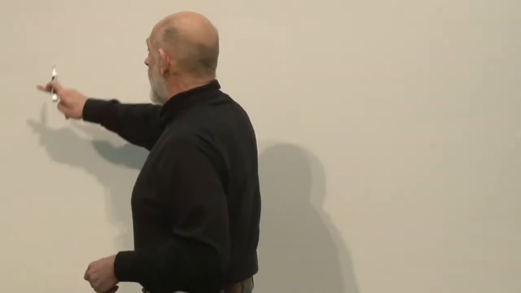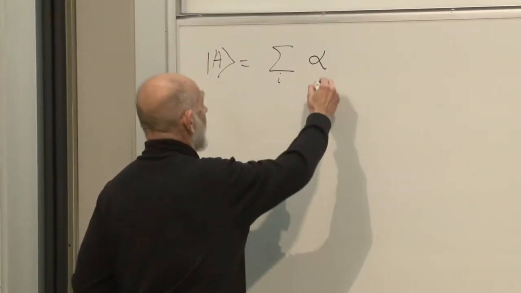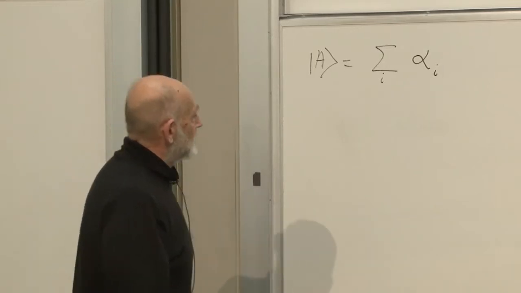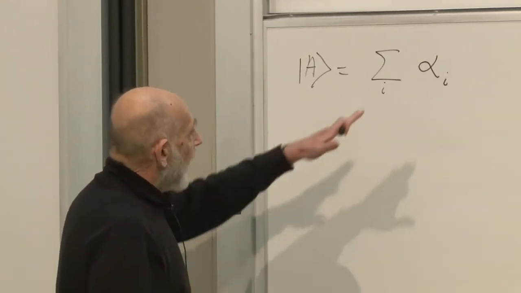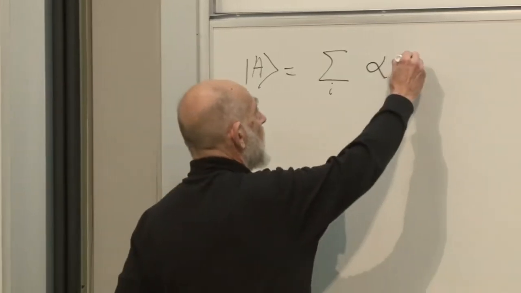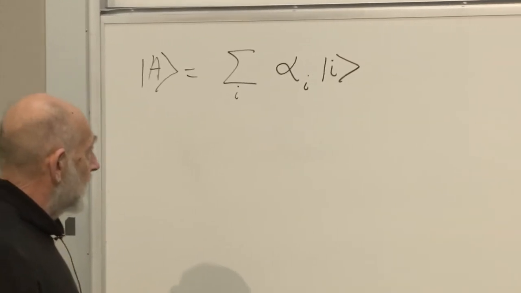Having picked that set and labeled it i, we can write any vector as a sum of alpha sub i, a set of complex coefficients, times the ith basis vector.